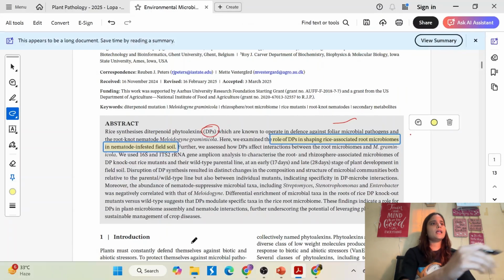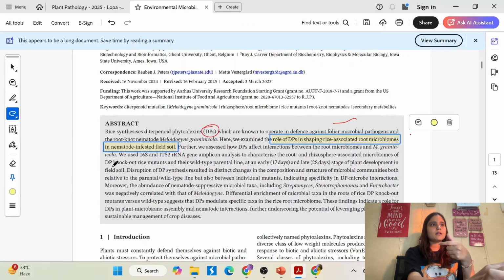What they have done is they have used 16S as well as ITS2 rRNA gene amplicon sequencing in order to study the root microbiome of two different plants. Okay, they have taken a wild type rice, and on the other hand they have taken a mutant rice which is a DP knockout rice mutant.